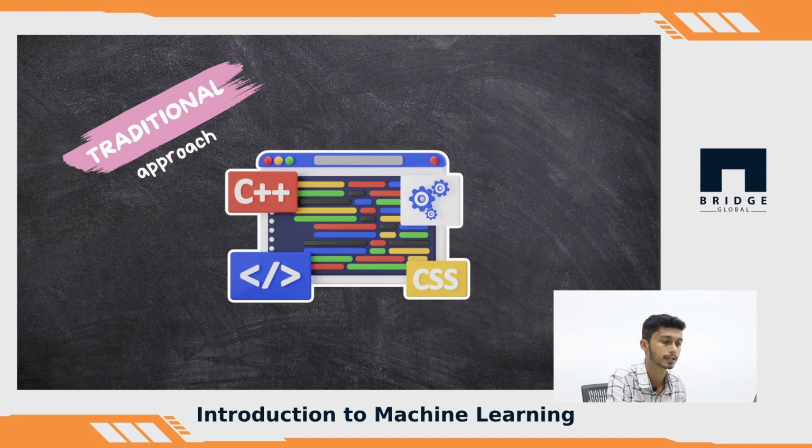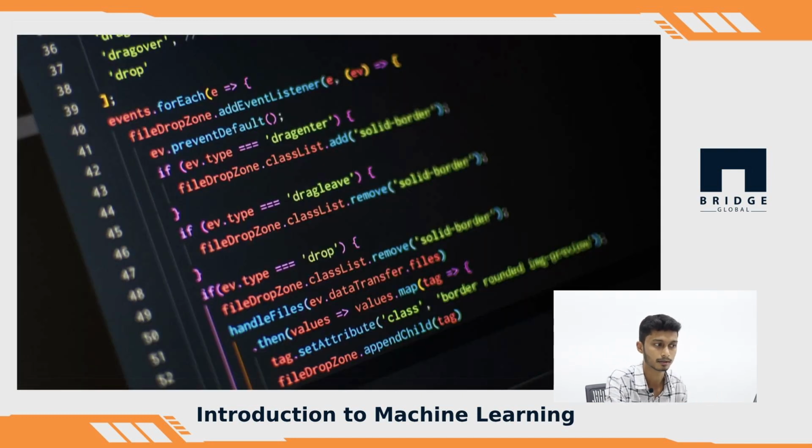I am going to tell my program that this is a dog, it has 4 legs, and it will have a tail. If it is a cat, then it also has 4 legs, but its tail is a bit longer. Like that, I am going to give a lot of conditions, some patterns, and color patterns. We know dogs are different from cats, so that's what I am going to program in this code.